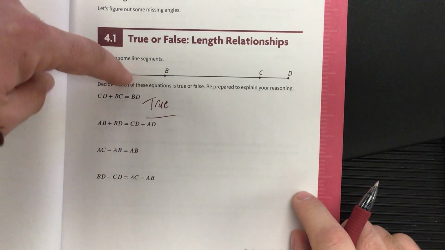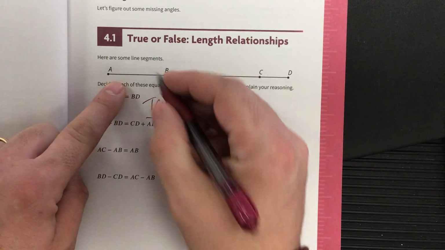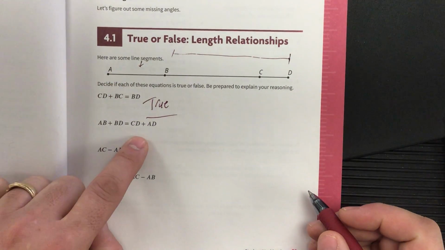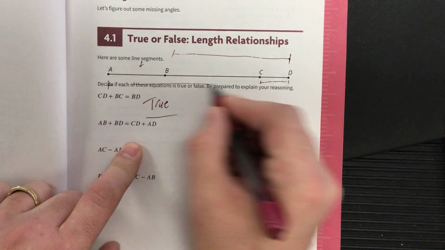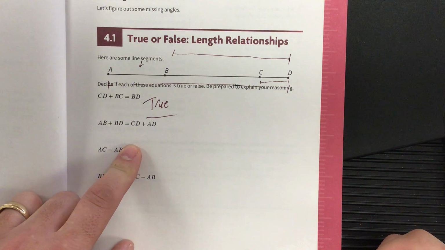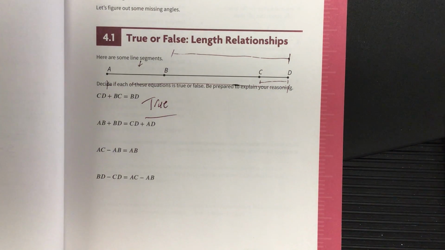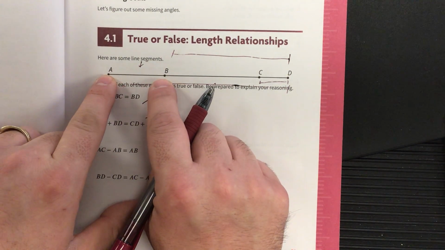Next one, AB and BD. Okay, so that's talking about this length and this length equals CD plus the whole thing. Georgia. It's true. Seriously? Okay, so watch this, Georgia. AB, the short chunk, right?